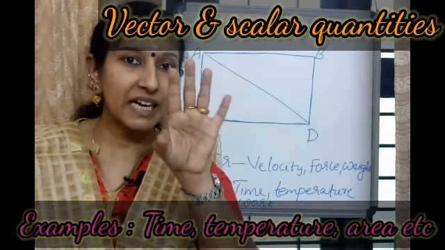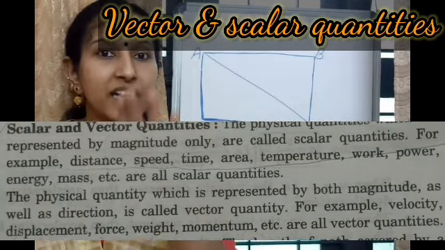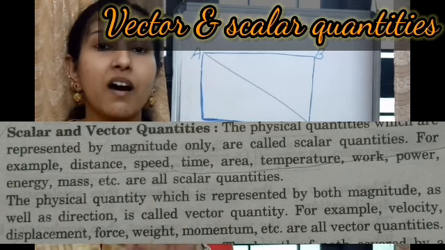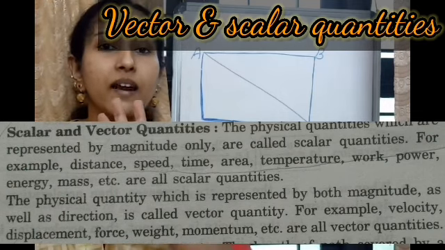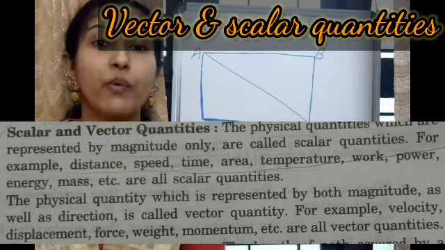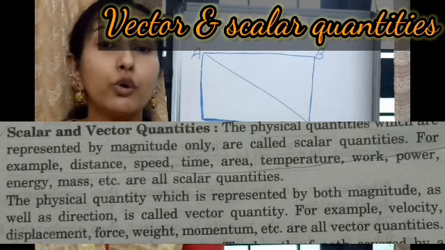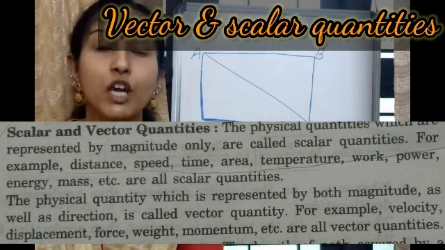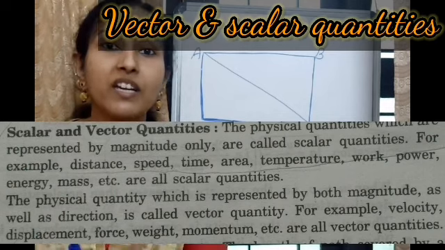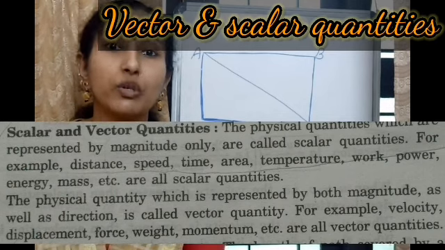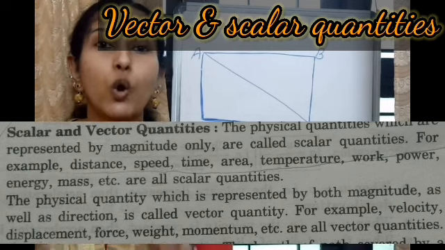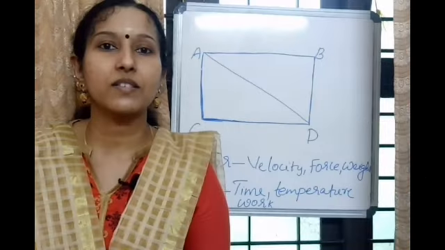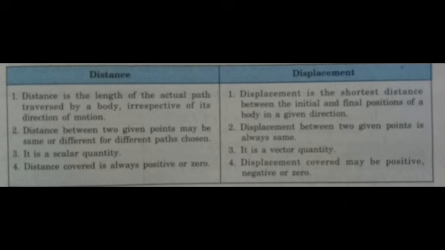If a quantity contains number plus direction, it is a vector quantity. If it contains only the number, it is a scalar quantity. Vector quantities have both magnitude and direction, like displacement, velocity, force, etc. Scalar quantities have only magnitude, like time, distance, speed. You have to specify only the number, no direction.